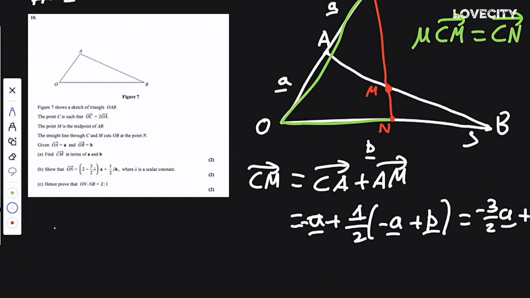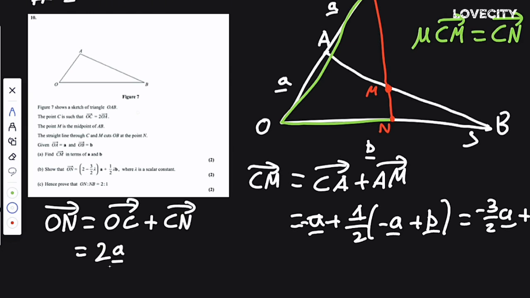And we have the O to N, which I'll write down in the bottom left here, is equal to O to C plus C to N. Now O to C is simply 2a. Plus, and then we're having C to N. Well, that's mu times C to M. Now, the reason I've chosen to use C to M and I've chosen to go up to C is that little tip that I just said.